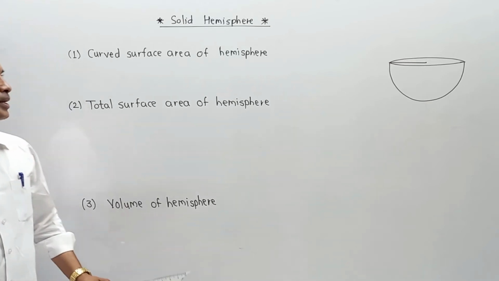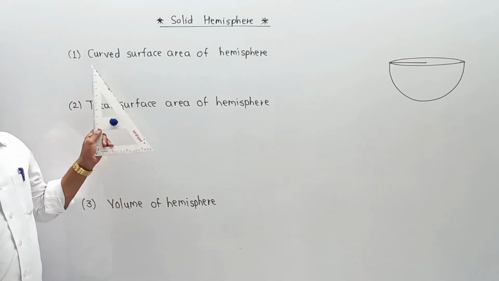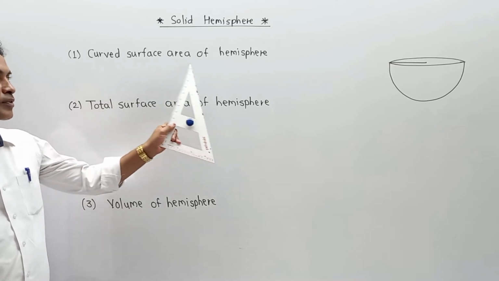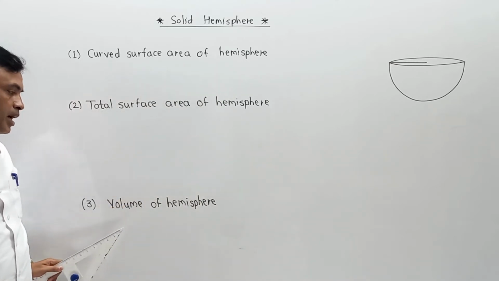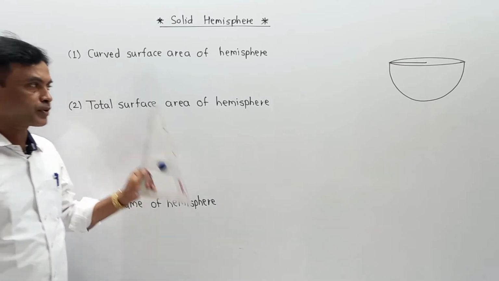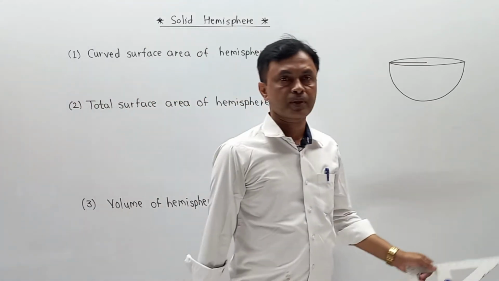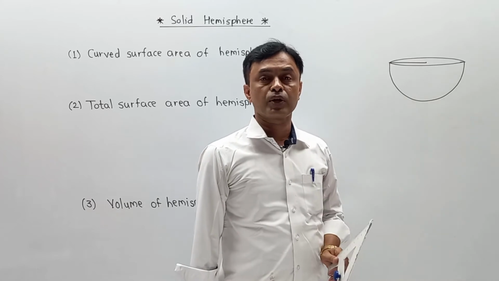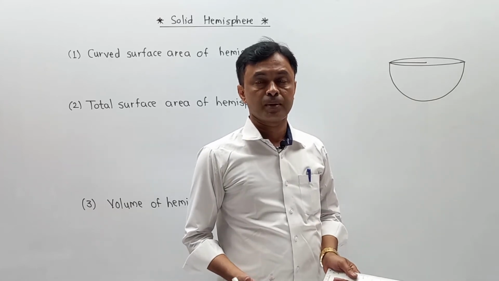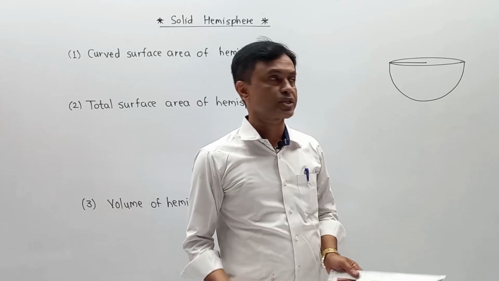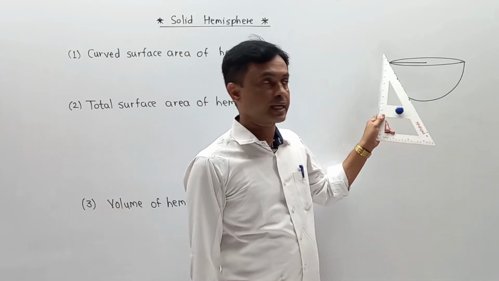One by one, here we are supposed to calculate three parts: curved surface area of hemisphere, total surface area of hemisphere and volume of hemisphere. But first of all, the diagram description. Hemisphere, what exactly does it mean? It is exactly half of the sphere. But here, there are some modifications.